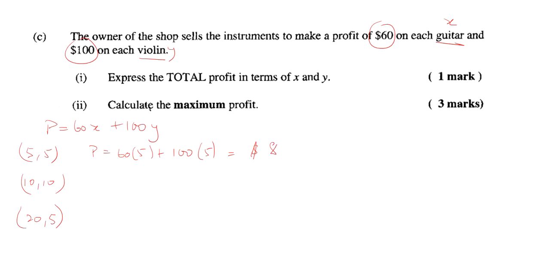The next one will be 60 multiplied by 10 plus 100 by 10, that is 600 plus 1000, that is 1600.